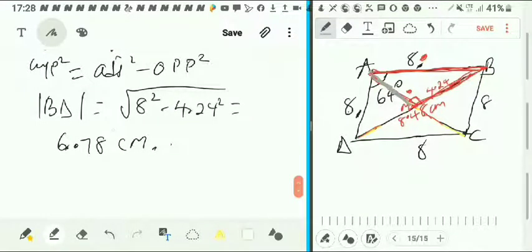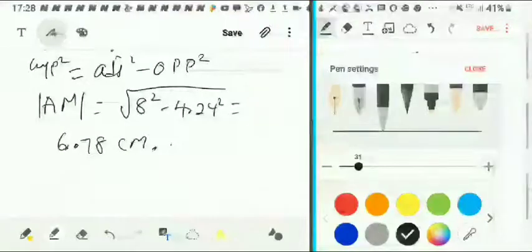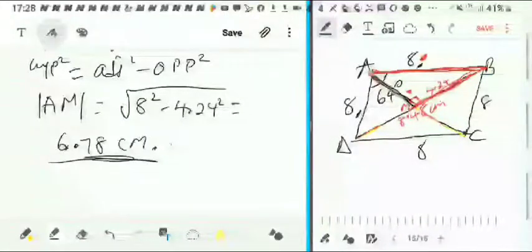What am I doing? This is not BD. Sorry, it's not BD. I'm doing AM. What I was solving for is AM. I've gotten it as this.